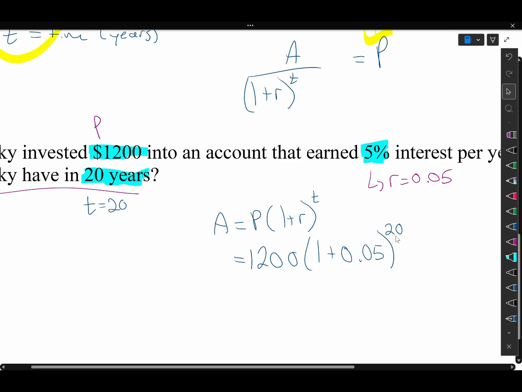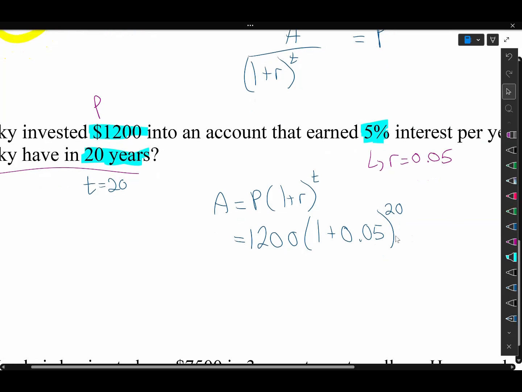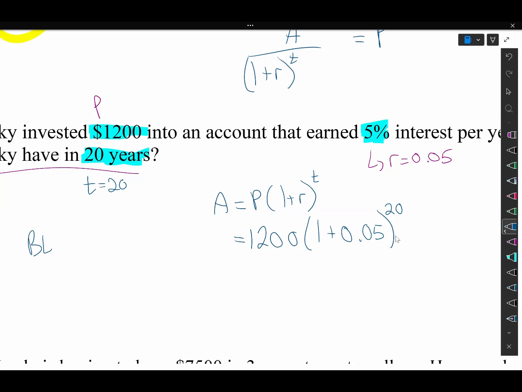Nice and easy. If that's the case, I need to make sure I'm following my BEDMAS as I work my way through here. Now, the B in BEDMAS, we know it stands for brackets. What it really means is simplify anything inside the brackets that you can. Sometimes you skip by this if there's nothing in the brackets that can be simplified. In this case, we can. We have two pieces, a 1 plus 0.05.